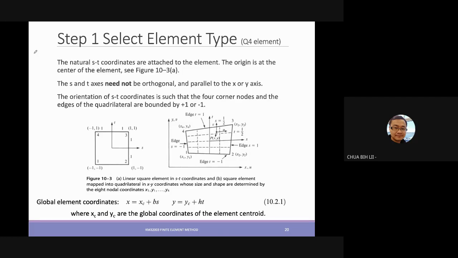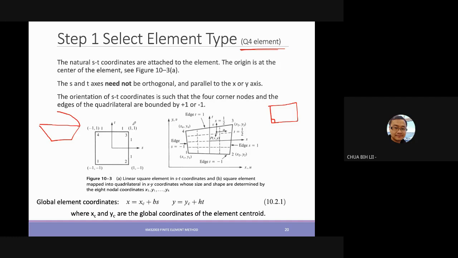Once you understand the idea behind it, now you can see we will use a Q4 element. The same ideas apply to a Q4. Because of the Q4, instead of taking rectangular orthogonal elements, when you mesh it, the elements can be taken in any shape, in this particular form of shapes.